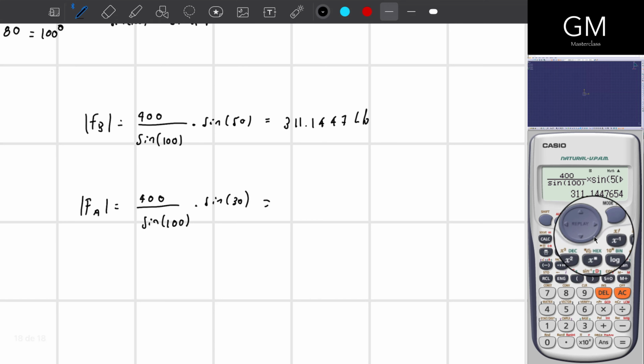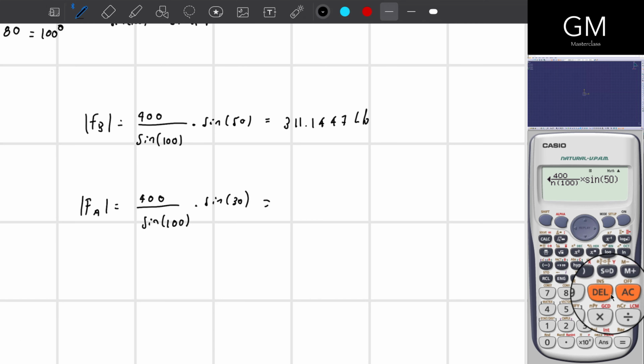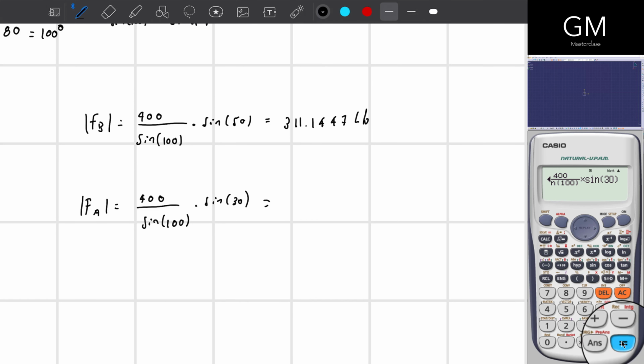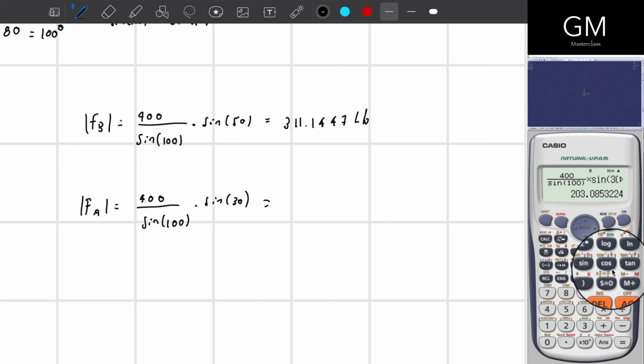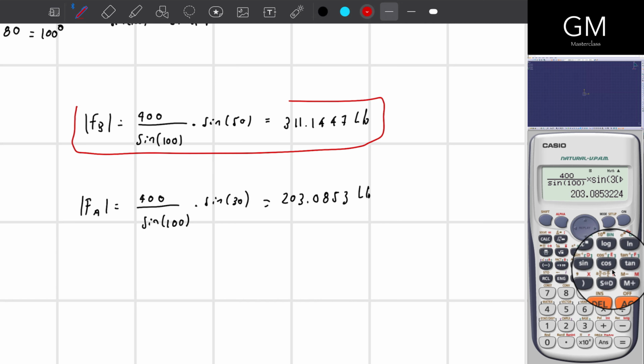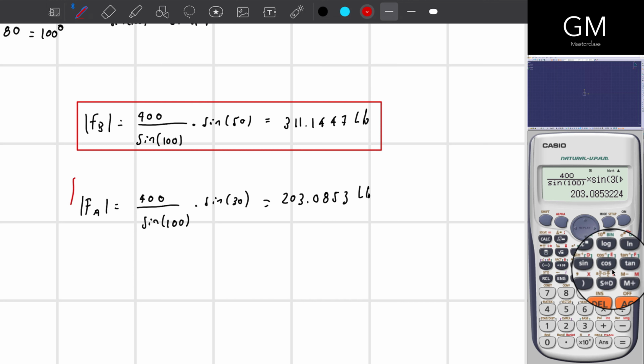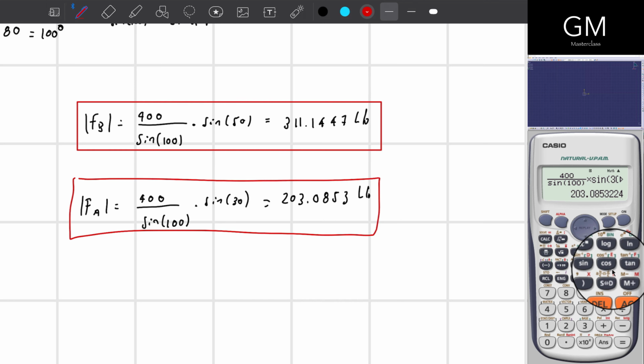And then I'm going to change that 50 for a 30 for me to find the magnitude of FA. It is equal to 203.0853 pounds. There is one way in which I can check that these two answers are correct, and this is by using a software.